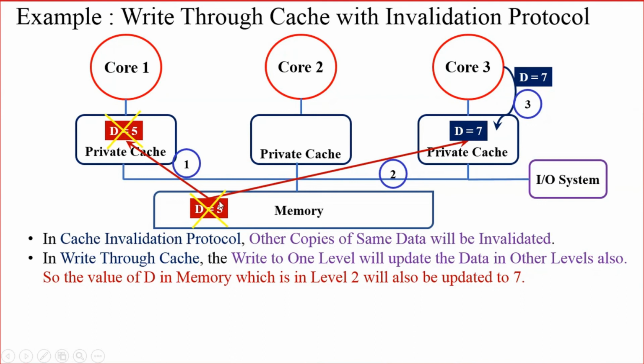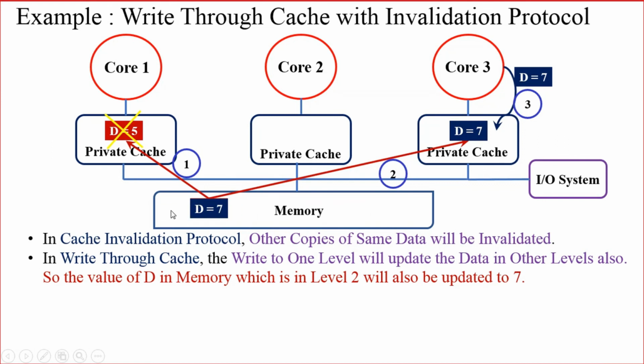The lower level, that is the L2 cache, that is the memory, if the data was present there, that data also will be updated. Since you are using a write through cache, when you have updated L1, the same update will happen in the next lower level in the hierarchy.